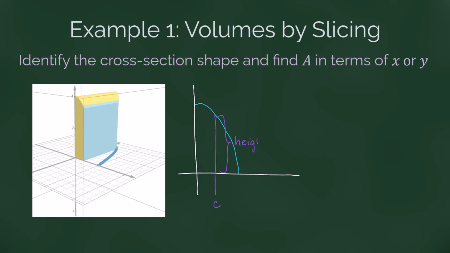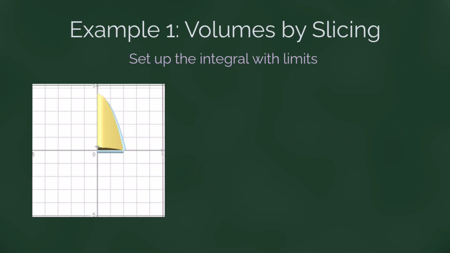Here we see, if we choose a slice c, that the height of that slice is given by the function itself, which means it's negative c squared plus 4. That tells us then that the area of that cross-section, which we know is a square, must be given by negative c squared plus 4, all squared.